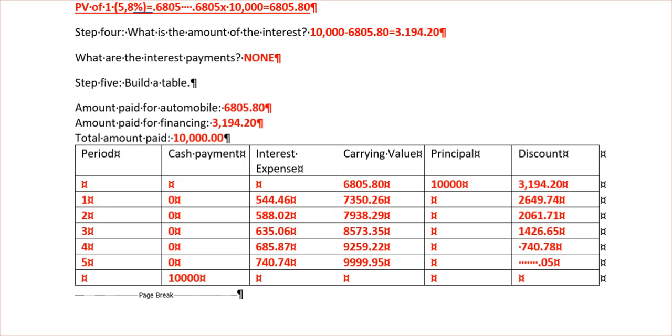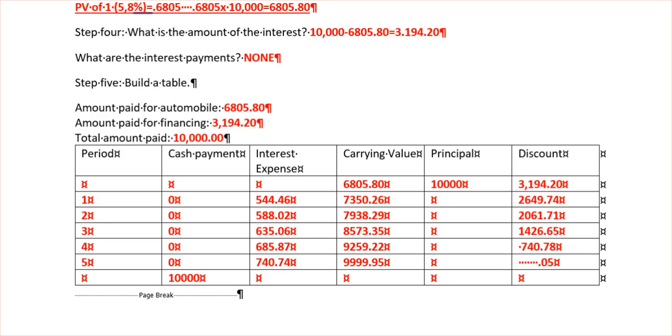Whether you use your calculator or whether you use the tables, there's not going to be a material difference, and if you're 5 cents off, it really doesn't matter. What we will do, and we'll show when we do the journal entries, is we'll just get rid of an additional 5 cents, or we will reduce our last journal entry there for period 5 by 5 cents. We'll do something so that in the end the discount has a 0 balance.